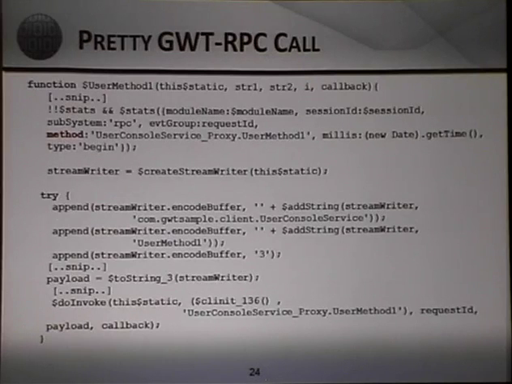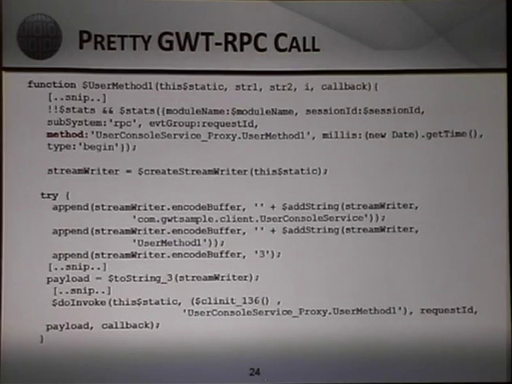So here's a pretty version of a typical GWT RPC call, the JavaScript version of it. Some things you might find interesting are that thing I highlighted in red, the method colon, which is actually going to contain the service and the method that's going to be called. And if you look inside of the try block, you're going to see that it's building the RPC string that's going to be sent over the wire.